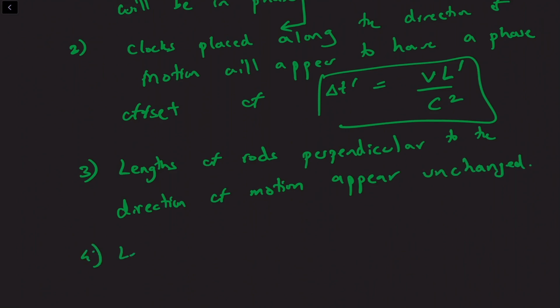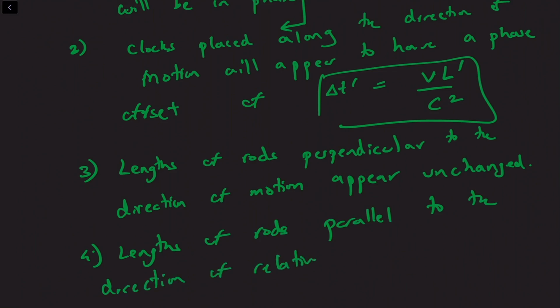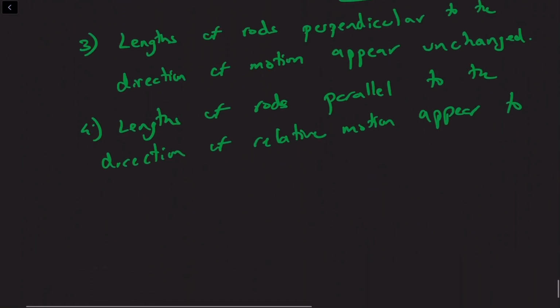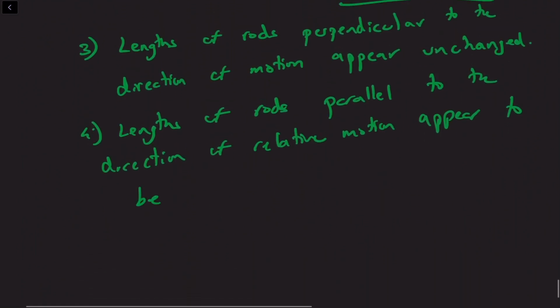However, the lengths of rods parallel to the direction of relative motion appear to be contracted by a factor of the square root of 1 minus v square by c square.